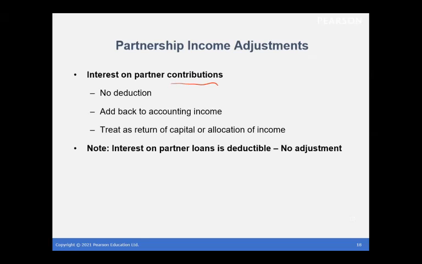But they may have said, I'll put in 100,000, but you're going to have to pay me 5% interest per year, like the partnership will pay me for that money as an interest payment. In that case, that interest is treated the same as those salaries. There's no deduction. It's added back to accounting income and treated as a return of capital.